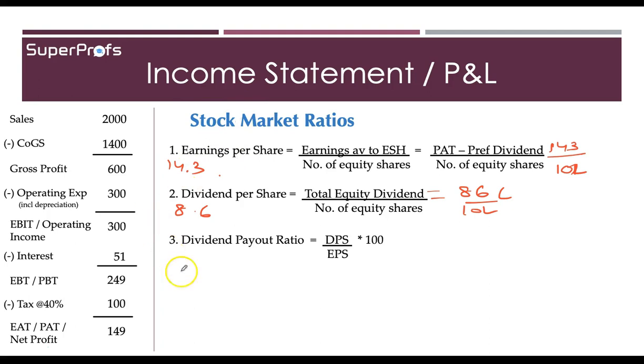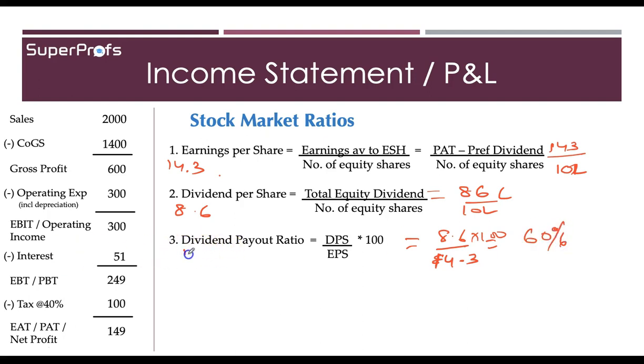Then we calculated dividend payout ratio, which is your dividend per share divided by earnings per share. So therefore 8.6 upon 14.3 into 100, which is 60%.